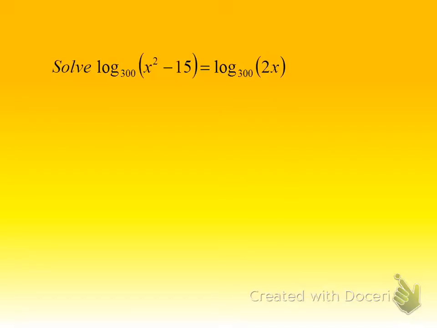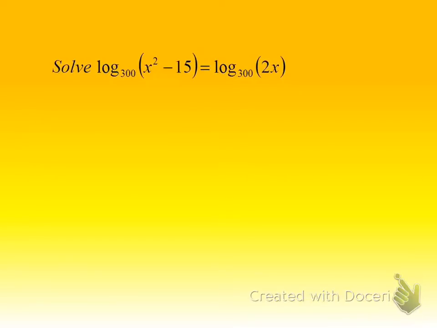Log base 300 of x squared minus 15 equals log base 300 of 2x. Yes, I will be the guy that gets obnoxious with my bases when they have no effect on your problem.